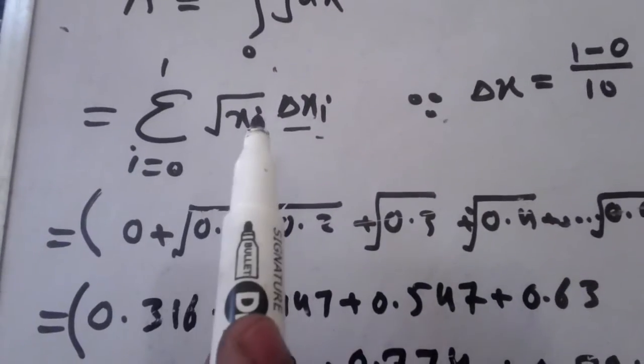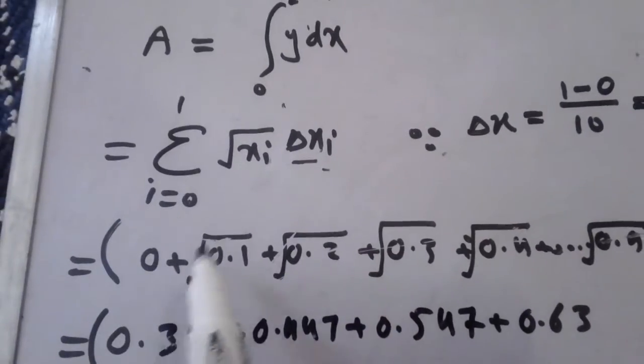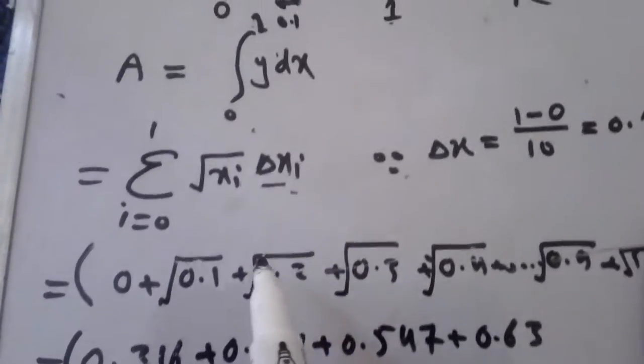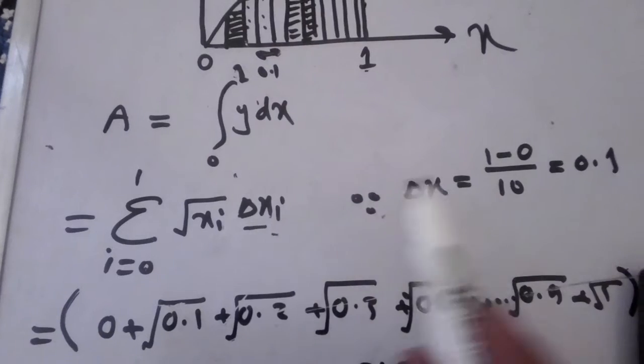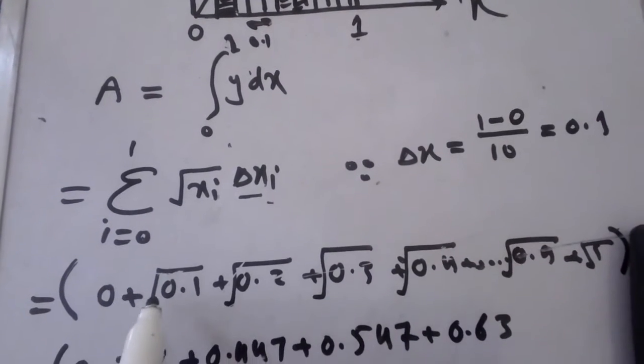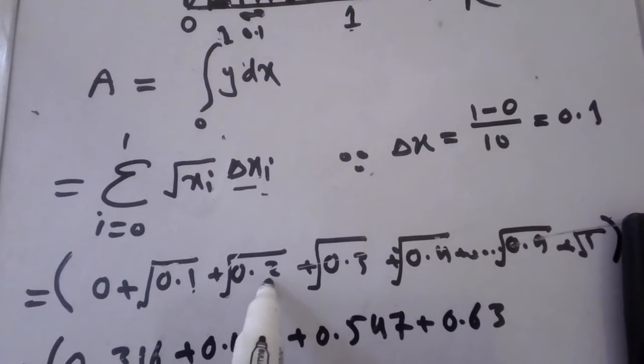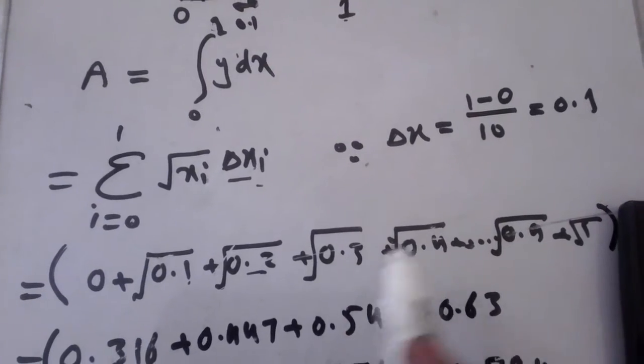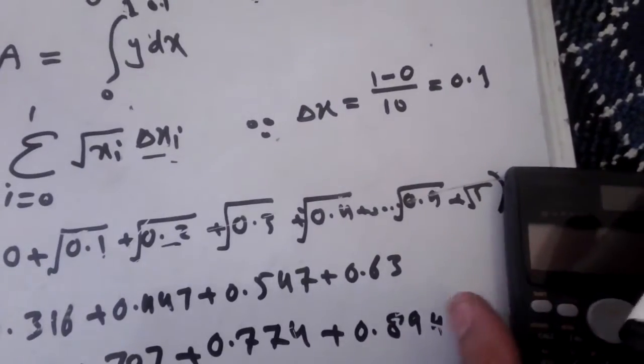We put the value x as 0, then 0.1, 0.2, because delta x is 0.1. 0.1 plus 0.1 is 0.2, 0.2 plus 0.1 is 0.3. In this way we calculate the area, and 0.1 is common here.